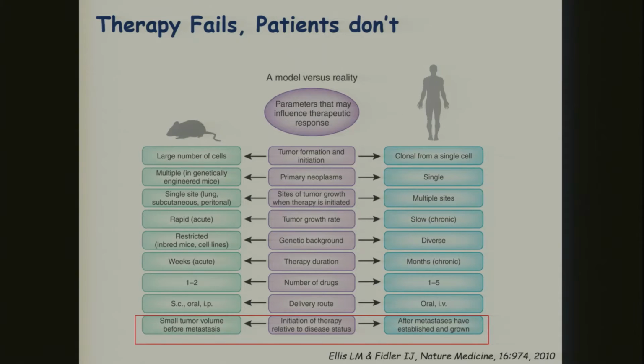But what we have currently, this slide I show right at the end, is that we have treated mice many times, okay? I have published many studies where we have cured cancer, but everything fails in patients. The model we use is a model.